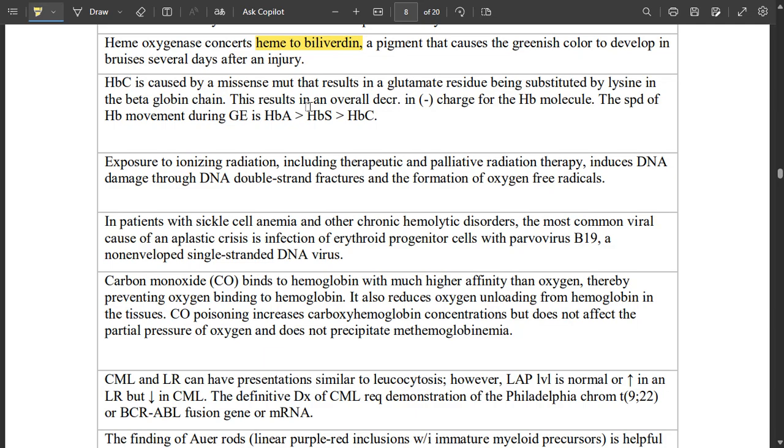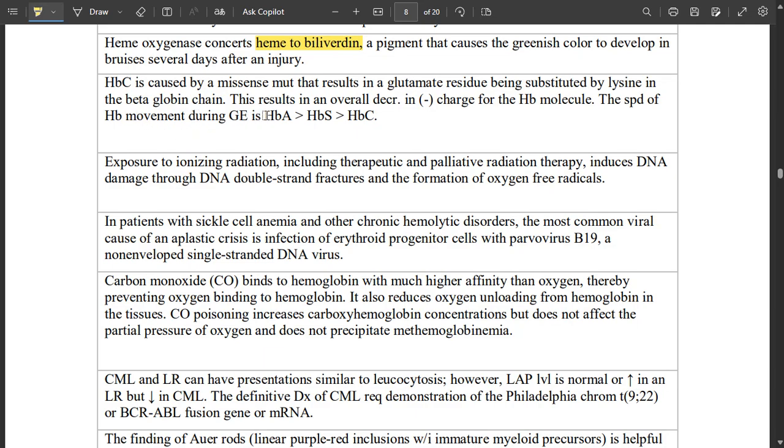The speed of hemoglobin movement during hemoglobin gel electrophoresis is compared: the fastest moving is hemoglobin A. With decreased negative charge, hemoglobin is largely positive, so in electrophoresis, hemoglobin A, being more negative, moves faster toward the positive charge.